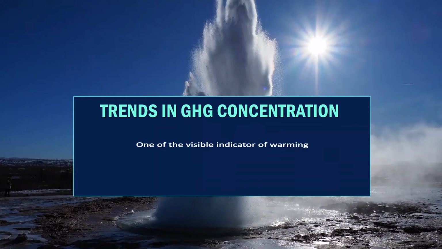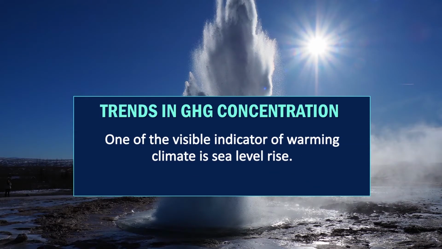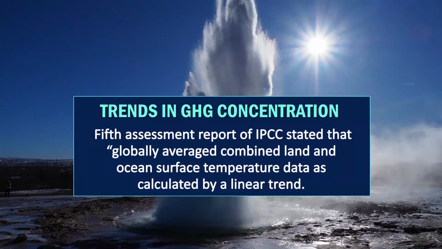One of the visible indicators of a warming climate is sea level rise. It's a visible symptom. The last report of the Intergovernmental Panel on Climate Change, the 5th Assessment Report, states categorically that the globally averaged combined land and ocean sea surface temperature data has been calculated, and it's showing a slow, gentle increase in the temperature.